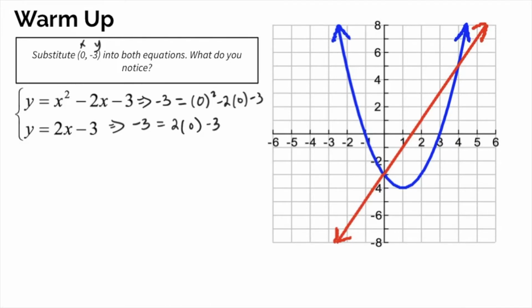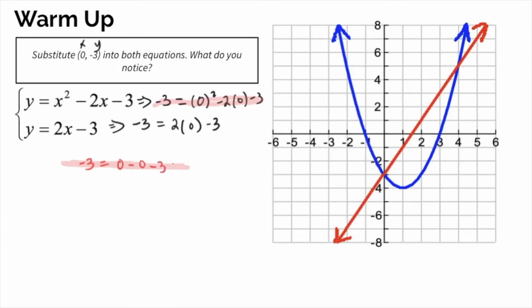So I'm just going to simplify these. Let's simplify this first equation right over here. When I simplify it, I didn't do anything to -3, so I'm just going to keep it there. 0 squared is just 0. Minus 2 times 0 is just going to be 0. And then minus 3.